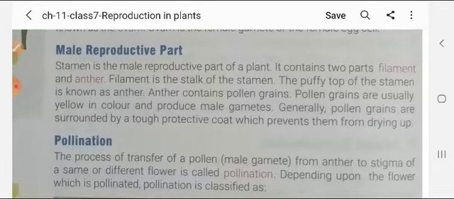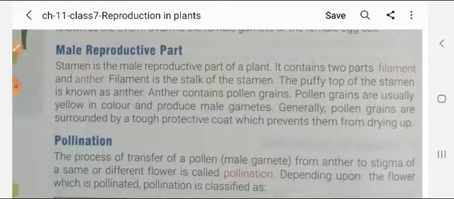The anther contains pollen grains. Pollen grains are usually yellow in color and produce male gametes. Generally, pollen grains are surrounded by a tough protective coat, which prevents them from drying up.